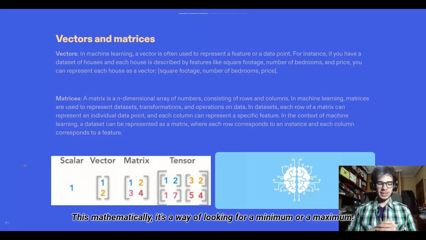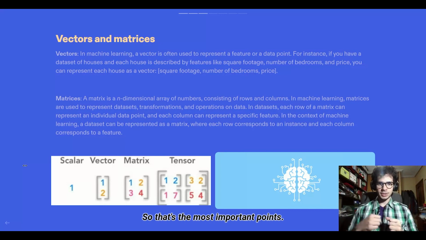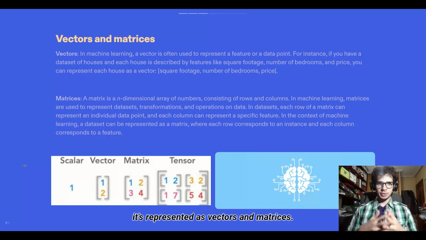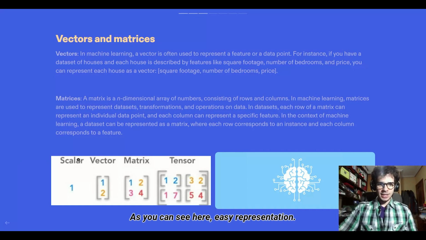Mathematically, it's a way of looking for a minimum or a maximum. So that's the most important point. And this information that is moving through the network is represented as vectors and matrices.